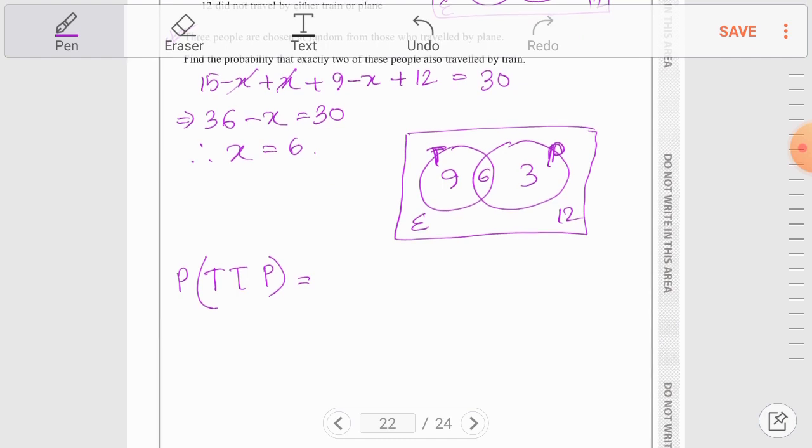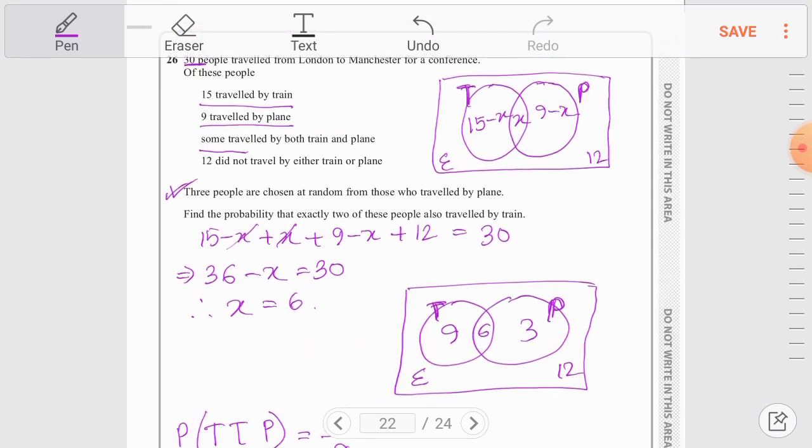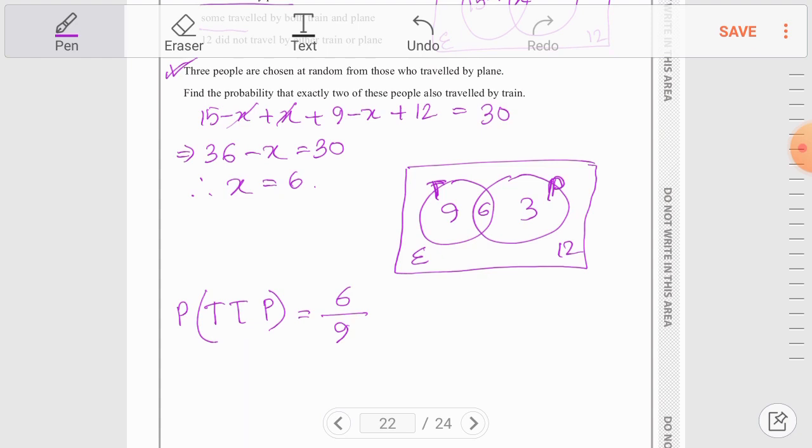So it would be 6 out of 9. 9 indicates the total number of people traveling by plane, and 6 indicates the number of people who travel by both plane and train. The second person would be out of 8, because 9 minus 1, and 6 minus 1 is 5 by 8. And the third person would be this 3, because this third person didn't travel by train, they traveled by only plane. So it would be 3 out of 9 minus 2.